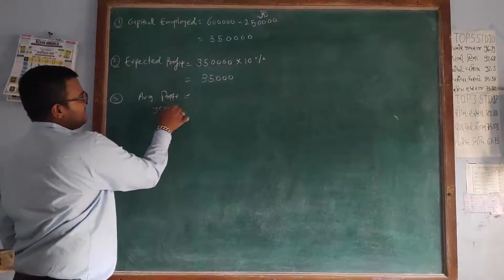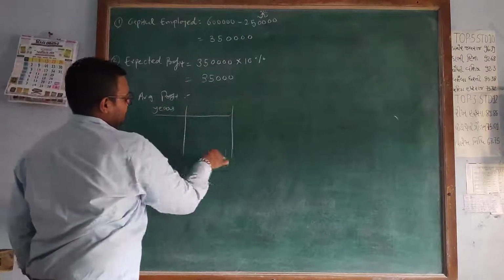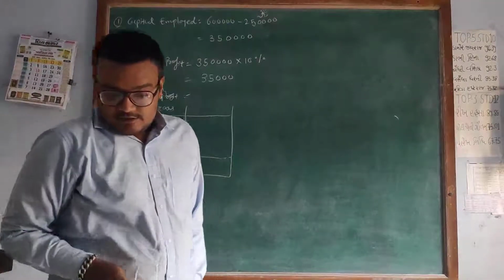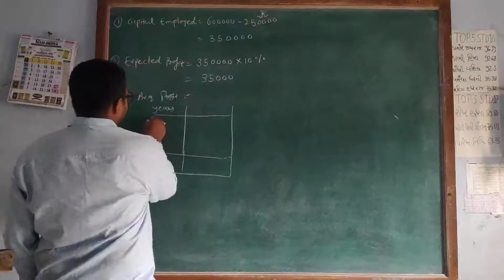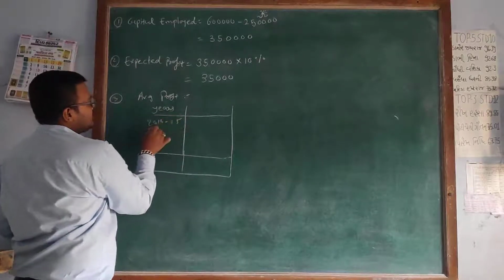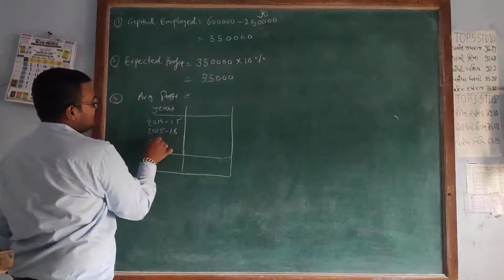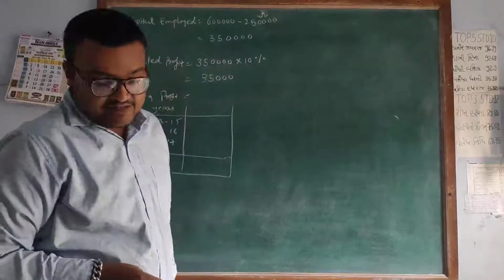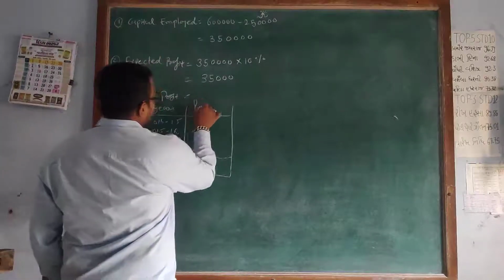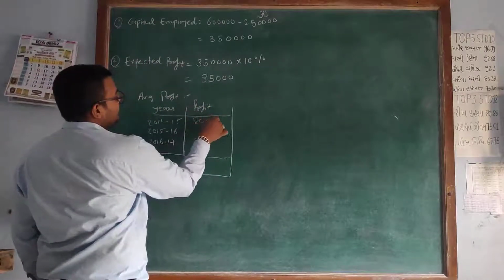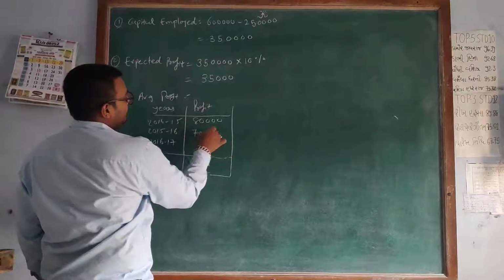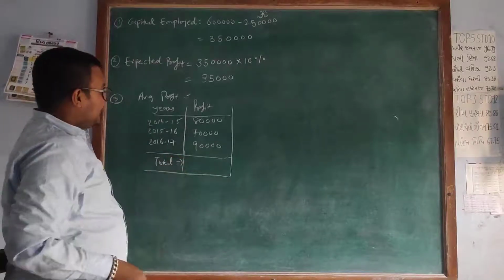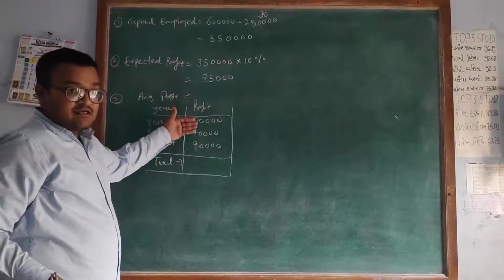The profits will be 80,000, 70,000, 90,000. देखिए, profit is fluctuating.